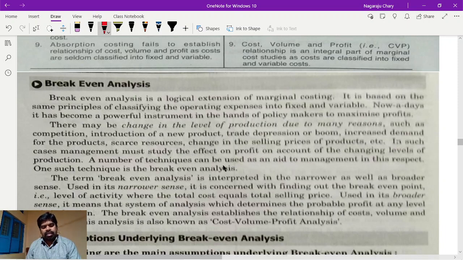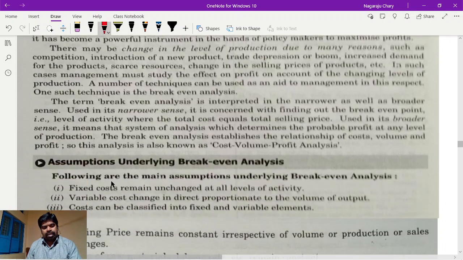A number of techniques can be used as an aid to management in this respect. One such technique is break-even analysis.